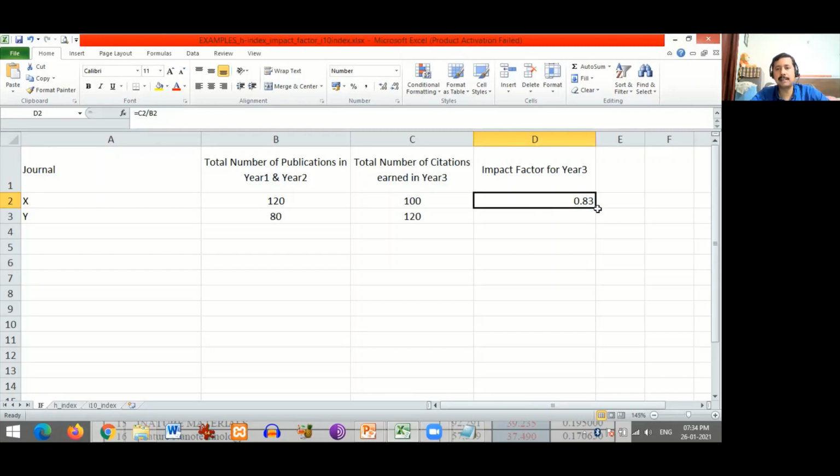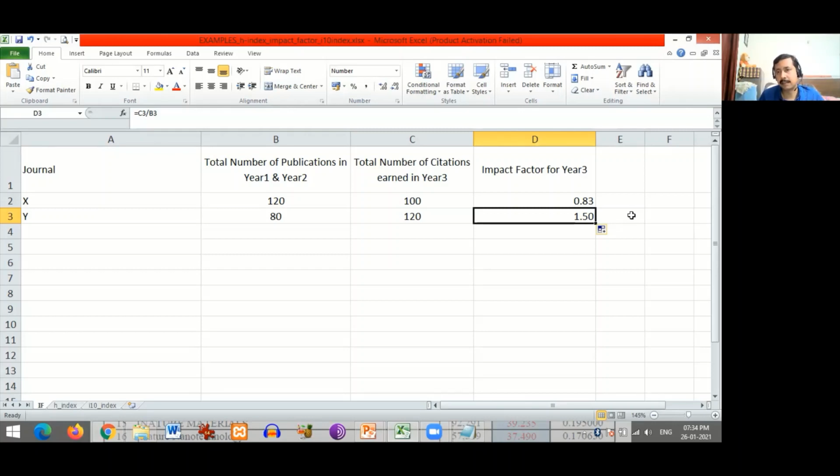If we calculate the same for journal Y, we find that the impact factor of journal Y for the year 2019 is 1.5. That means each article published in journal Y during the previous 2 years, that is 2017 and 18, has been cited 1.5 times.